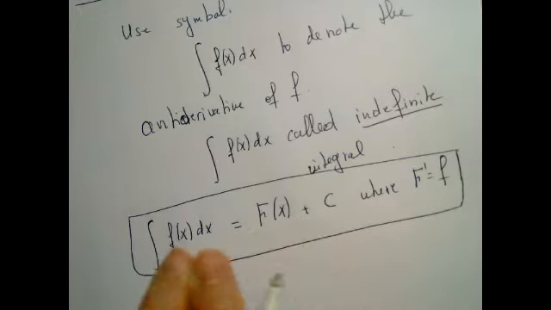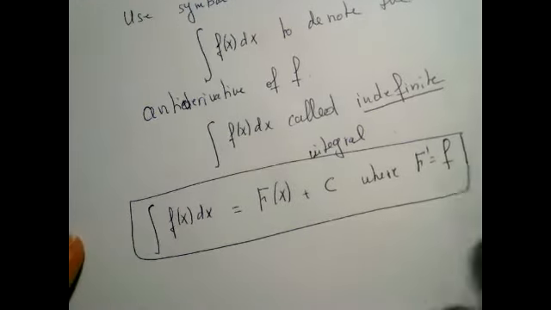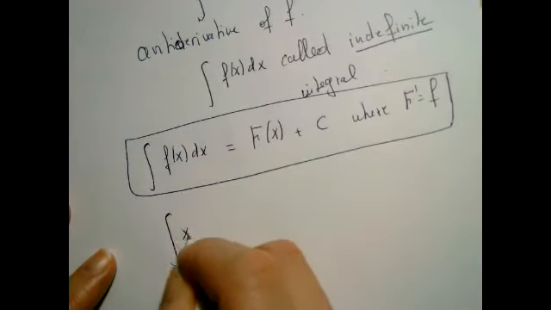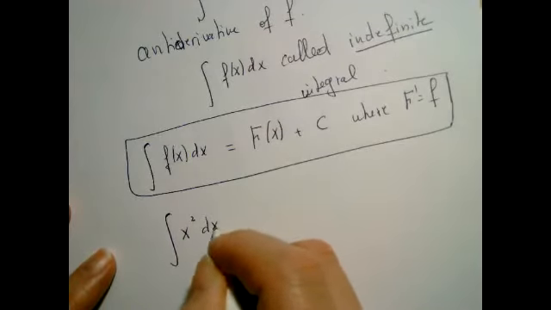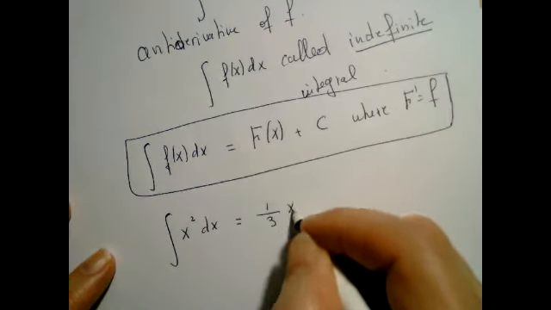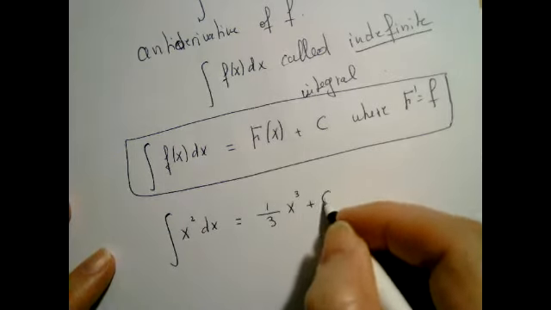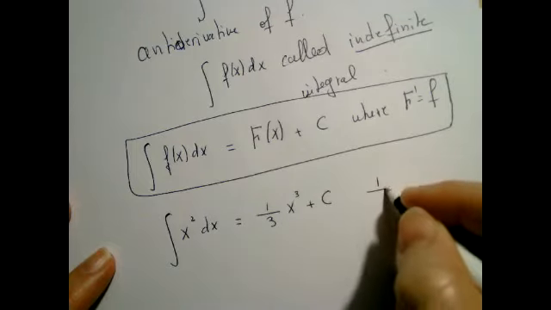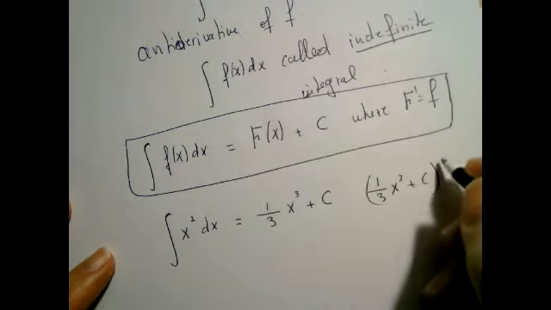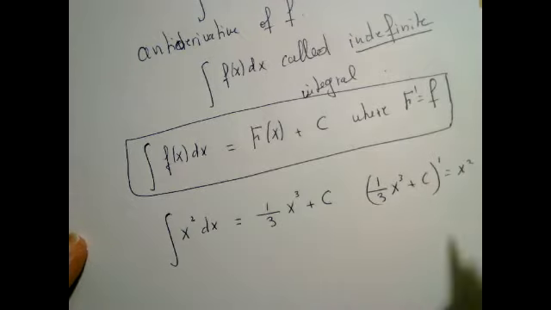When we differentiate it, we get the derivative. So with this notation in mind, the indefinite integral of x squared dx is nothing more than the antiderivative, which is 1/3 x cubed plus c. Because if I take 1/3 x cubed plus c and differentiate it, I get x squared. All right, so indefinite integral is nothing more than the antiderivative.